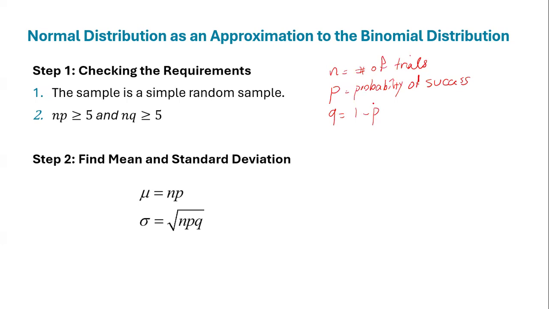So we multiply n by p and n by q. If both of them give a number of at least 5, then yes, I can use a normal distribution to approximate the binomial distribution.